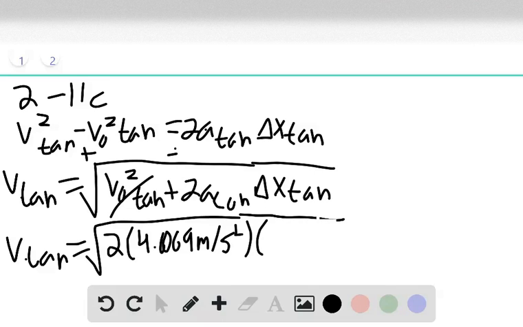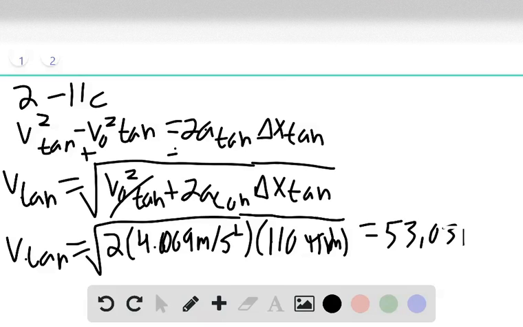Halfway through the circle, that's going to be half of the half-circumference, so 110 pi meters. Plug that in and you get 53.03 meters per second. Okay, so this is the speed halfway through the circle.